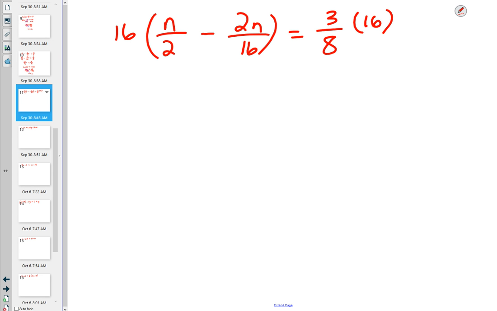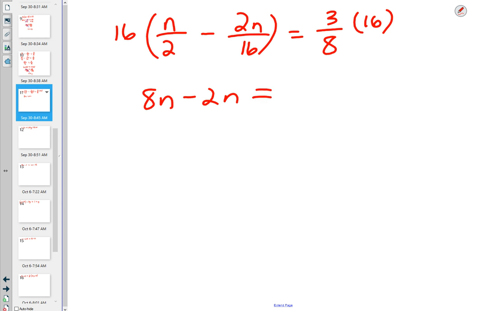16 times n is 16n divided by 2 is 8n. 16 times, this 16 on top cancels out with the 16 on the bottom. Or you could say 16 times 2 divided by 16 gives you minus 2n.